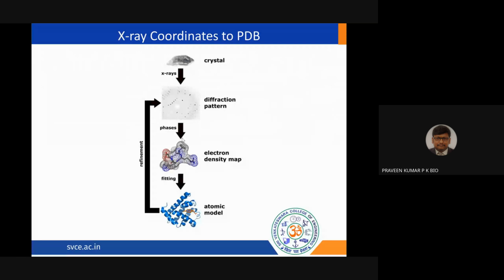Now, if you see the X-ray coordinates, how is the PDB structure determined? The most difficult task in getting a 3D structure from the wet lab is to get a crystal in the case of X-ray crystallography. In X-ray crystallography, one has to bring a protein in the form of a crystal, which is the source to produce the 3D coordinates.